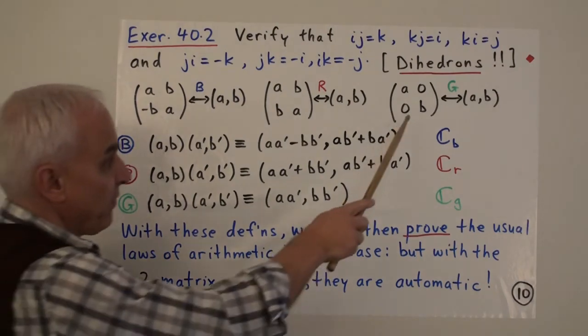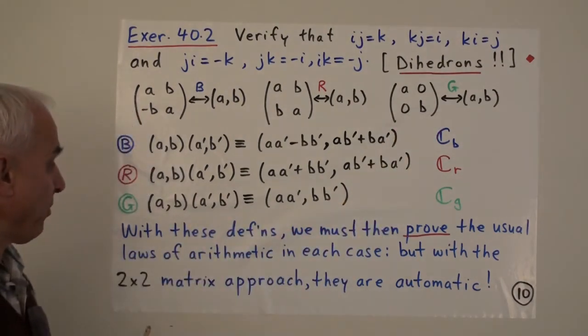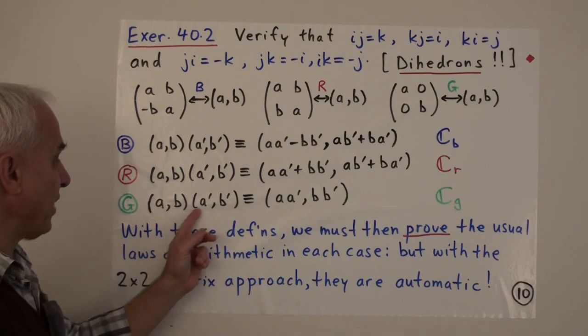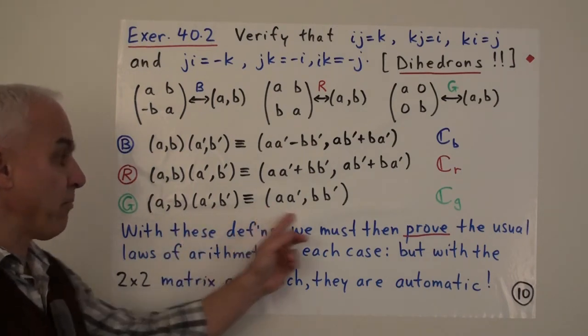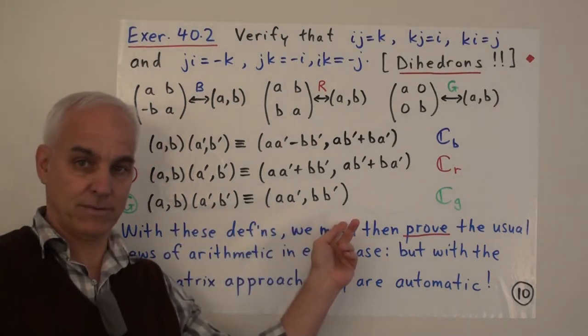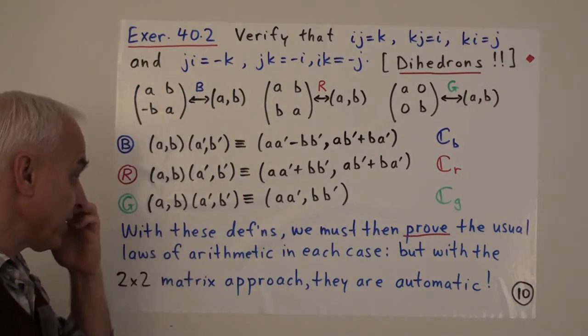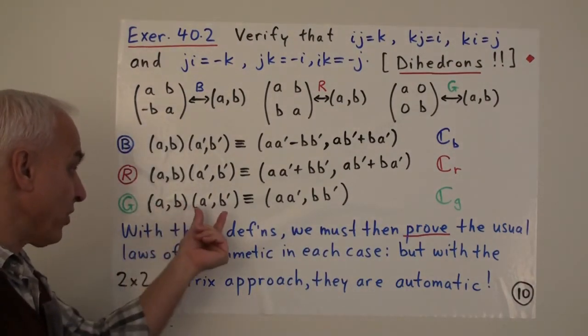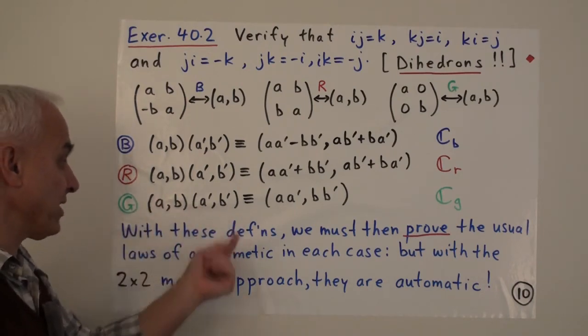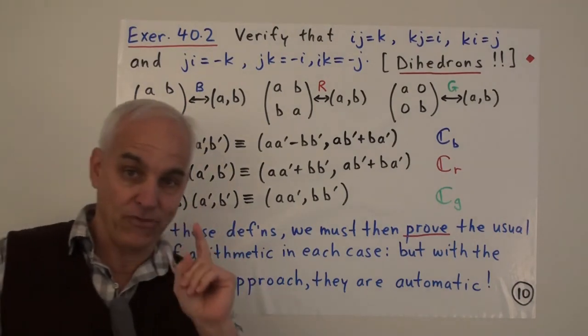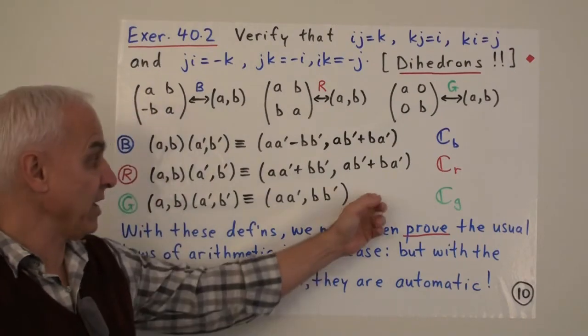And you can do the same thing for the green ones where things become very simple. Just the product of this vector times this vector is just the pointwise product. This is exceedingly simple for the green complexions. So addition is component-wise, scalar multiplication is component-wise, and multiplication is also point-wise for the green complexions.